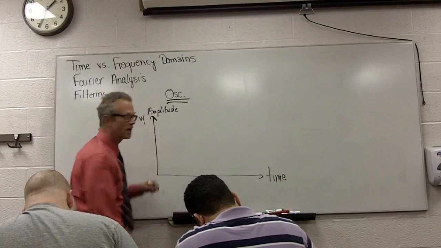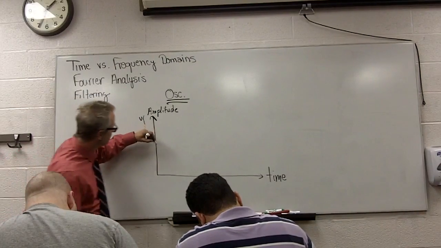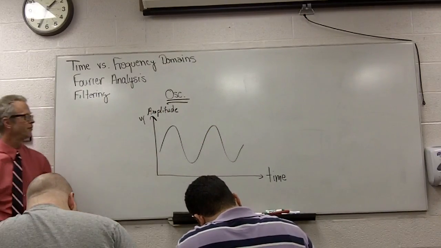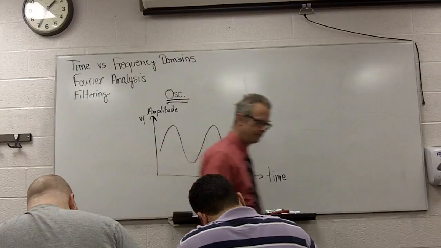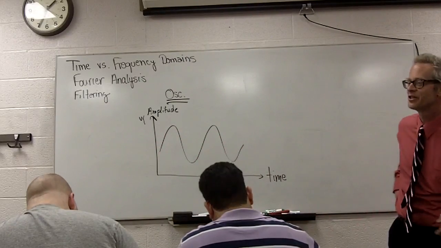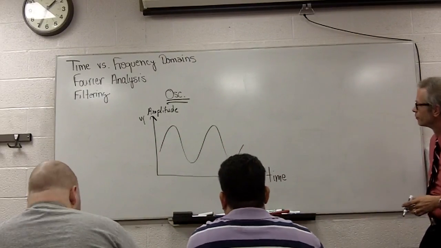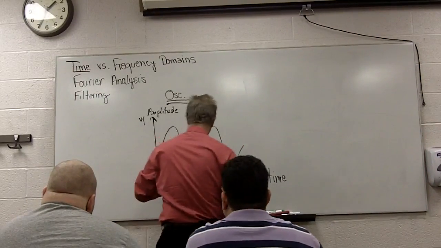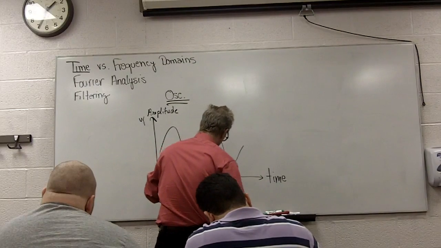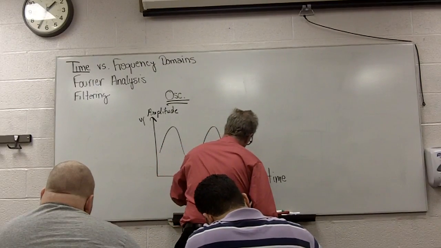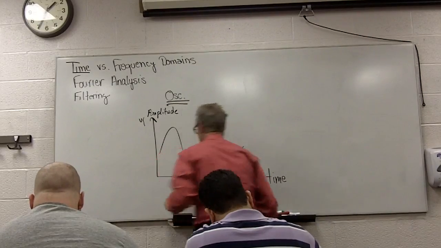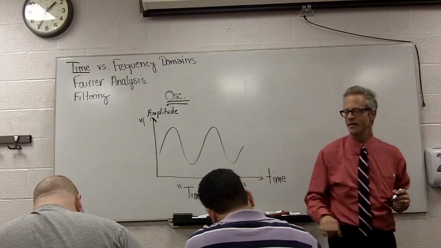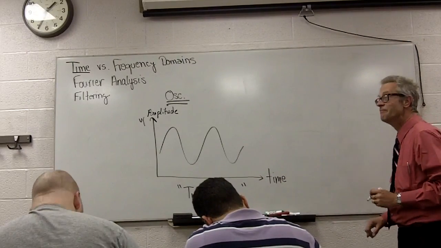And so if we want to look at a sine wave on an oscilloscope, it's going to basically look like the traditional sine wave that we see, right? No surprise, we've all seen that before. This is what we refer to as the time domain. It shows the amplitude with relationship to time. How does the amplitude change over time?